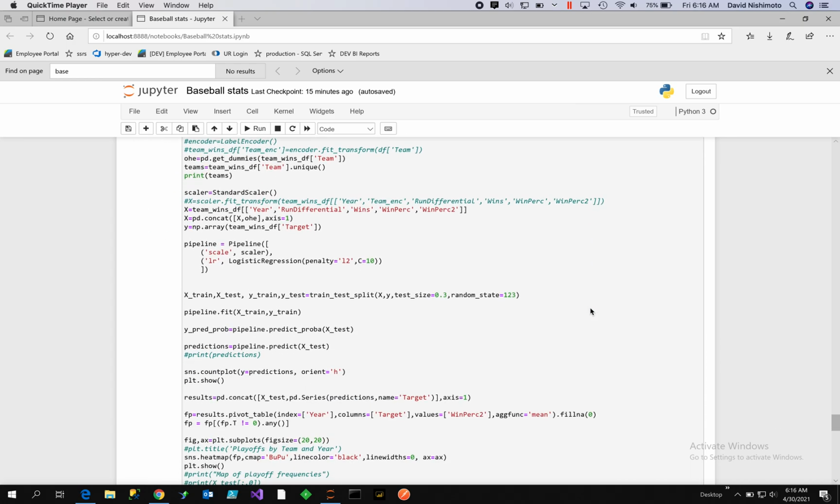Okay, so now what we want to do is take these different factors and put them in a logistic regression model, set up the pipeline, put a lasso penalty on it, and look at the run differential, the wins, the win percent, and the win percent two.